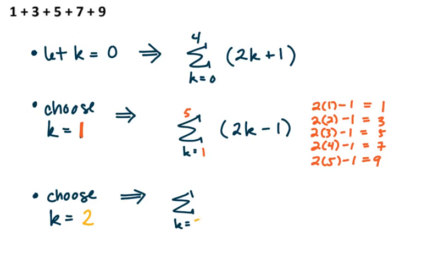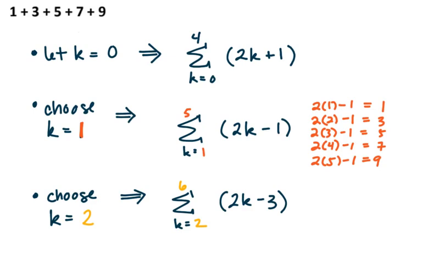So if I change this to go to 2, then that would mean 2, 3, 4, 5, 6. 6 would be the fifth number following that. And my formula here would be 2k minus 3. Okay, so there's no one exact right answer. It just depends on where you start. And you see that my index values vary, and then also my formula for the nth term varies as well.